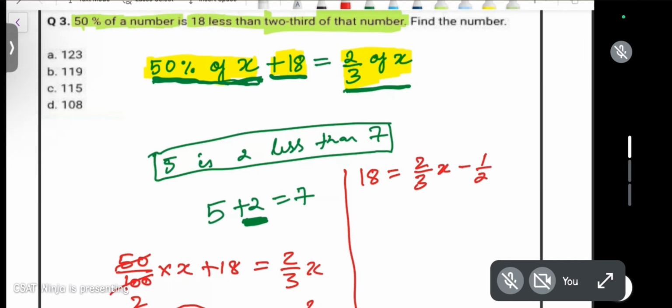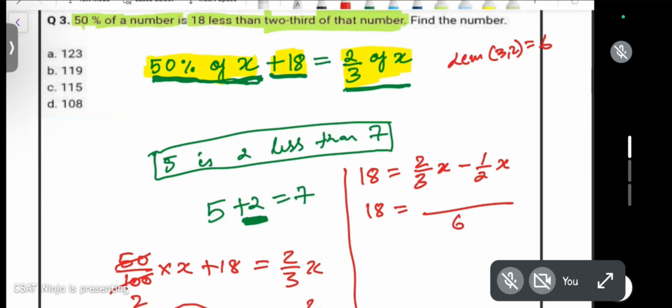So which means 18 is equal to the LCM of 3 and 2. LCM of 3 and 2 is nothing but 6. Why? Because these two are prime numbers, so the multiplication of those two numbers will be the LCM, which is 3 twos are 6.